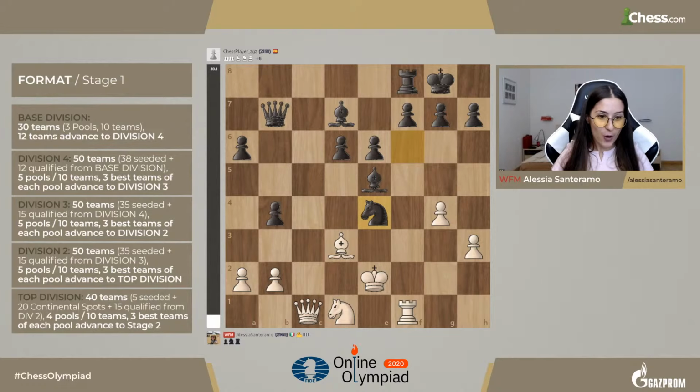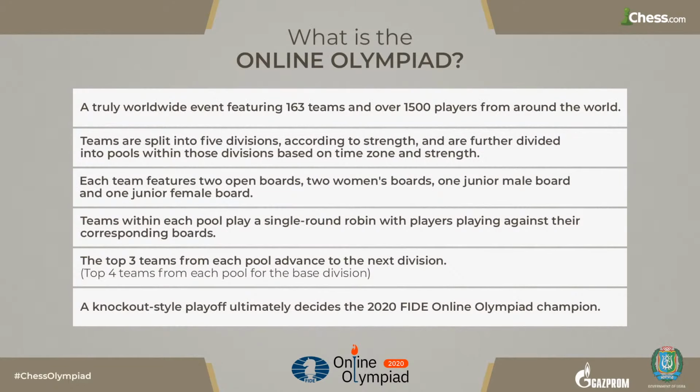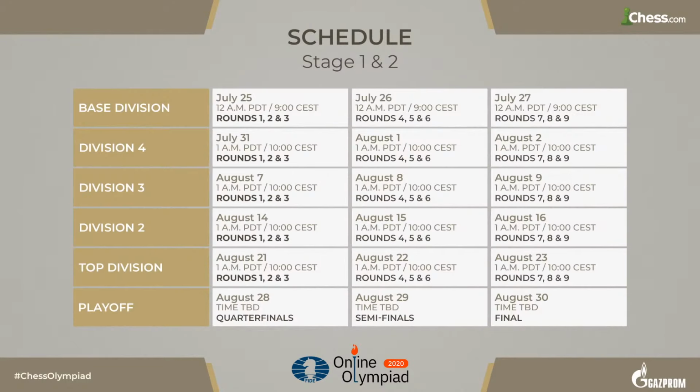And here I also have the whole schedule of this event. As you can see, it's starting today. Today is the first day. It's such a historical event. I guess it's the first Olympiad, maybe somebody in the chat can confirm. I think it's the first time that an Olympiad is played online. And clearly, we know the reason.